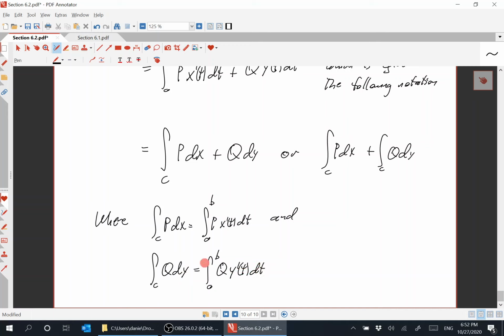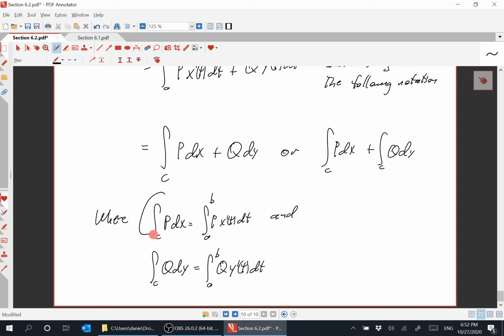So sometimes folks will want to calculate this just on its own instead of calculating the whole thing. Sometimes it's meaningful to just calculate the line integral in the x direction, so to speak, or the line integral in the y direction. So the work done in the x direction plus the work done in the y direction.